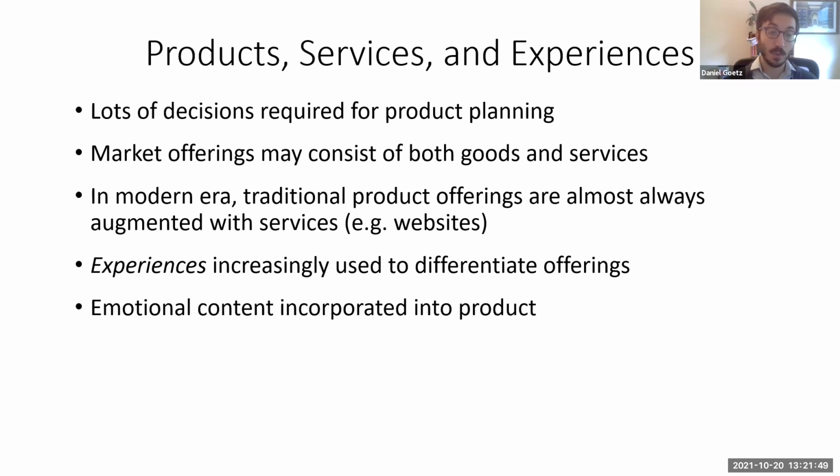Companies try to incorporate some emotional content into the product. Why? Again, to differentiate, right? In the minds of their customers, what's the difference between, say, Cheerios and the grocery store brand, which looks very similar, right? Potentially the experience and the emotional content associated with Cheerios, right? So this sense of using the augmented product to differentiate.